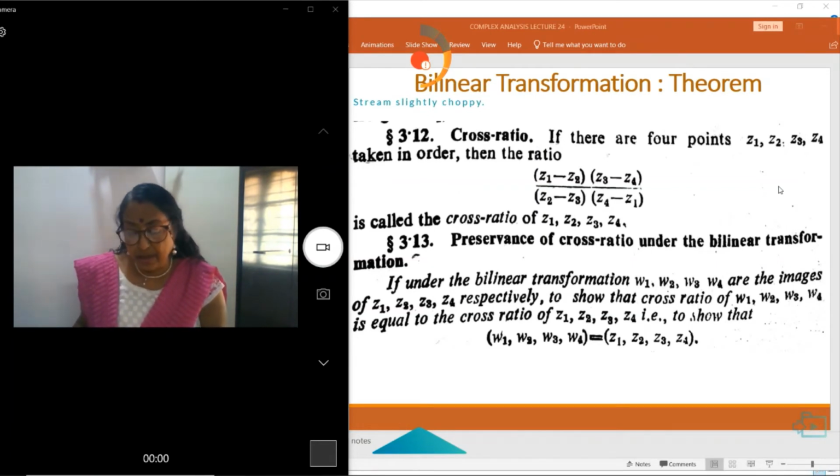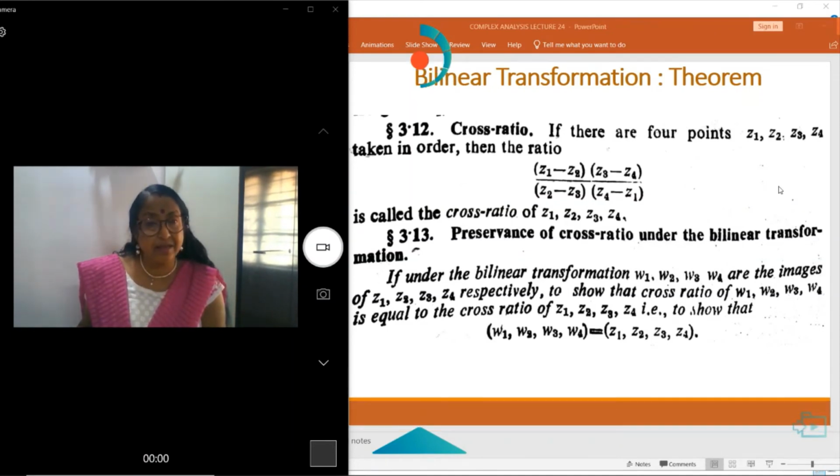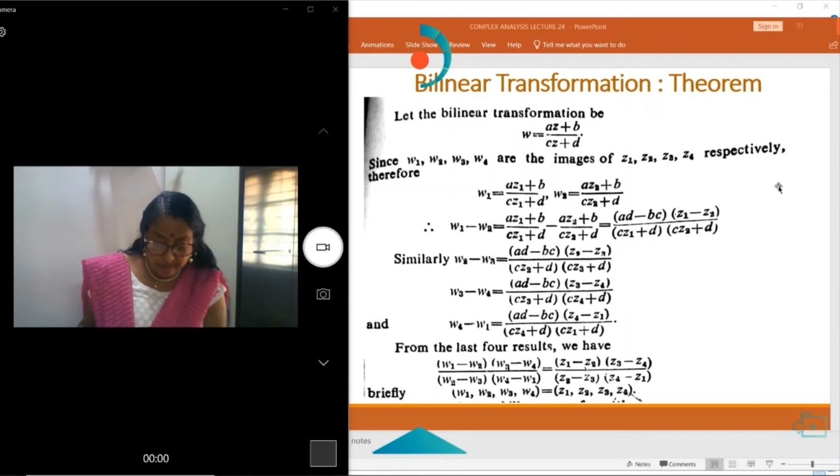So, w = (az + b)/(cz + d). Similarly, w1, w2, w3 and w4 are found, and then putting these values we can prove this identity, as seen on your screen.